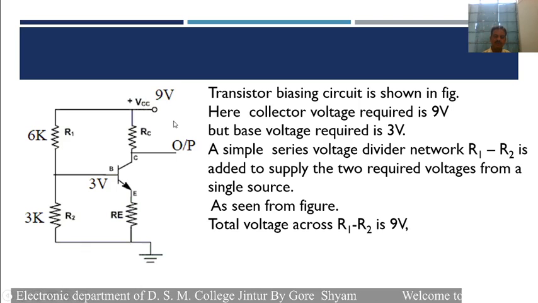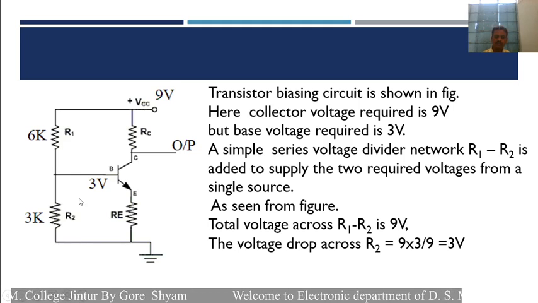And here the total voltage across R1 and R2 is equal to 9 volt. From here to here, the voltage is equal to 9 volt, and the voltage drop across the resistance R2 is equal to the total voltage into its individual resistance divided by the total resistance, that is 9 into 3 divided by 9, which is equal to 3 volt.